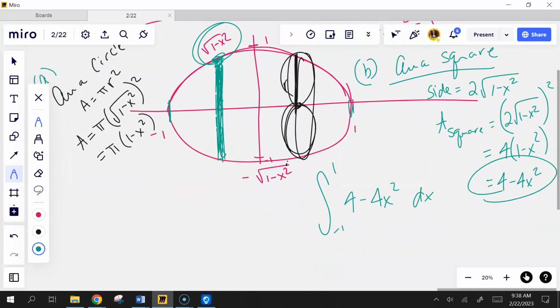So now, that's exactly right. I don't have a side length. I have a diagonal length now. This length is now 2 times the square root of 1 minus x squared, right? So it says the cross sections are squares with diagonals in the xy plane.